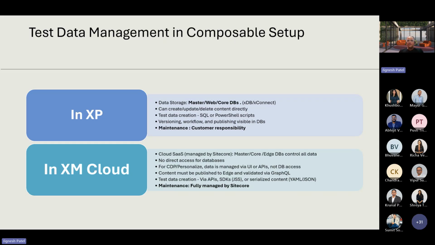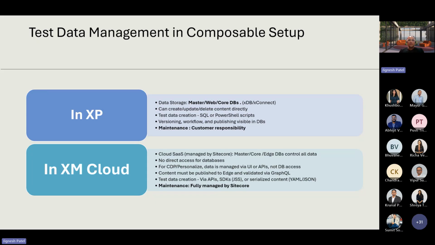In case of XP, you can create the test data via SQL or PowerShell scripts. In case of XM Cloud, you can create the test data via APIs, SDKs, or serialized content via YAML or as JSON. In XP, maintenance is the customer's responsibility because the environment is on premises. In XM Cloud, maintenance is fully managed by Sitecore because it is globally managed.